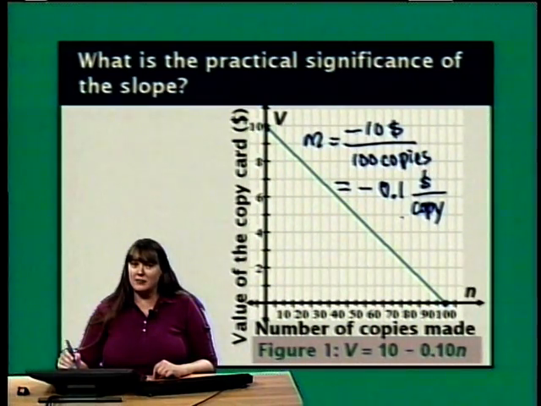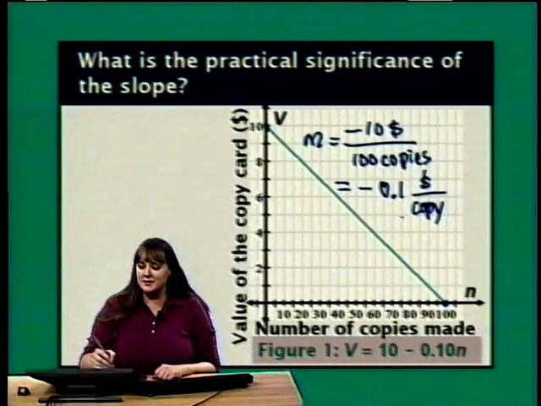Looking at our line, we can see that the line is decreasing. The value of the copy card is decreasing. The slope's telling us how the value of the copy card decreases.